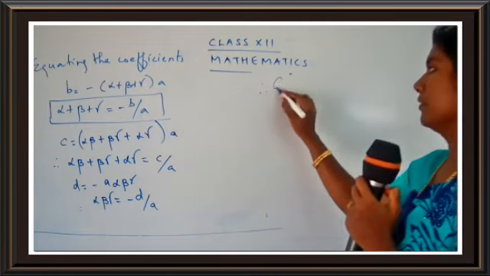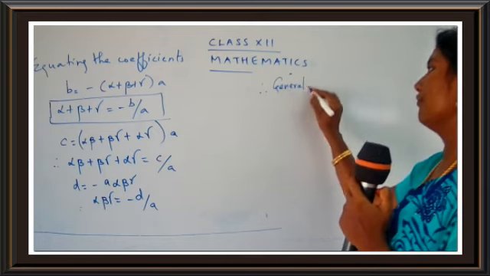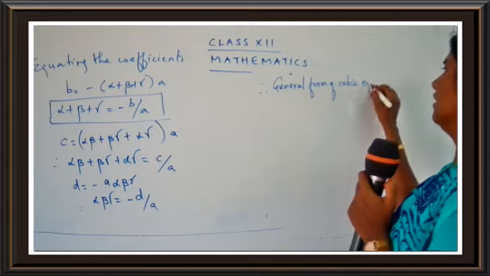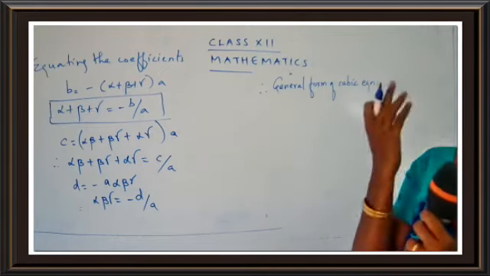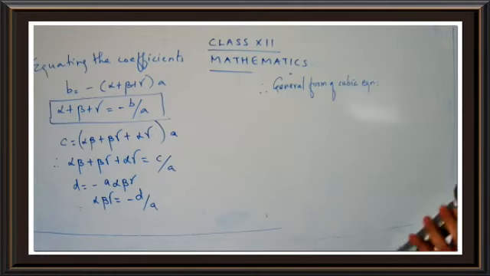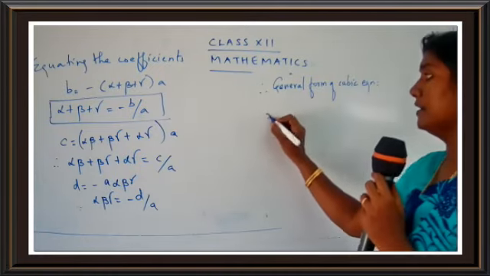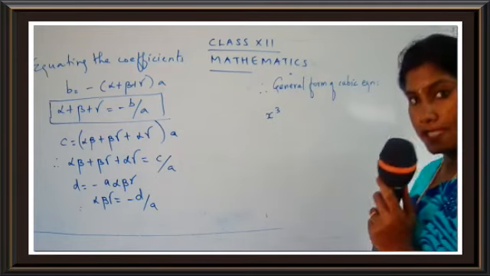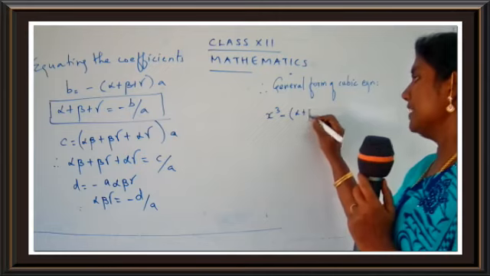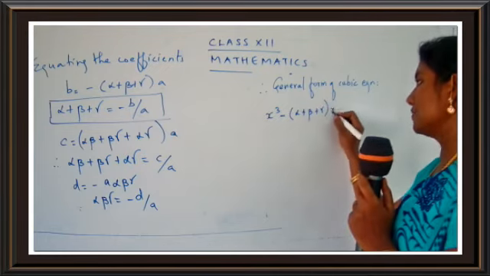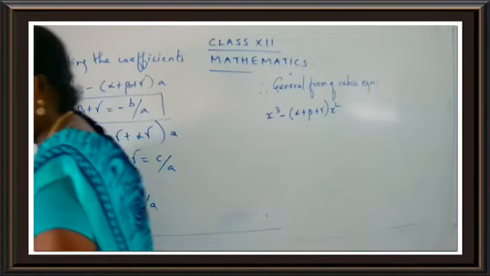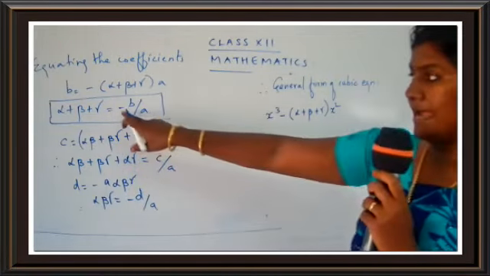Therefore, the general form of a cubic equation, or you can say the general form of a polynomial equation of degree 3, or in simple terms, cubic equation. So it will be x cube. What is the first thing? x cube minus alpha plus beta plus gamma x square. You get x cube minus alpha, because here you have a minus sign, children.